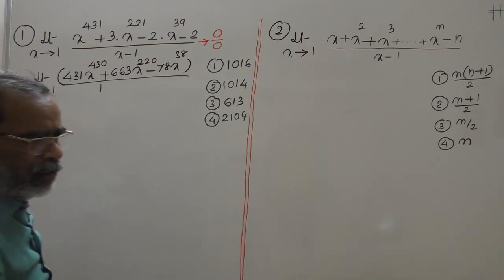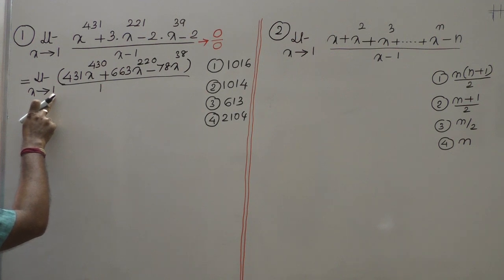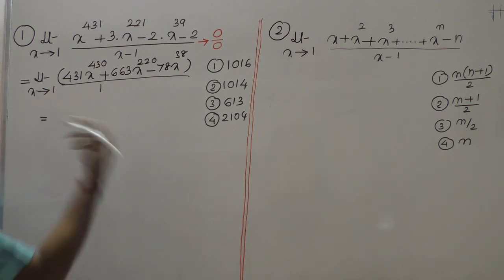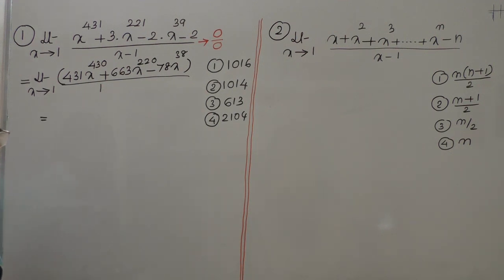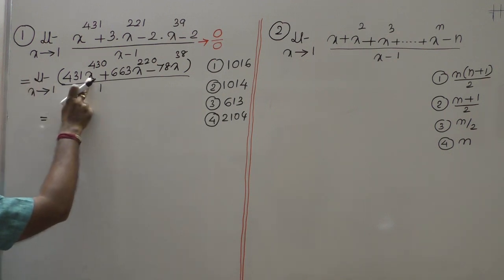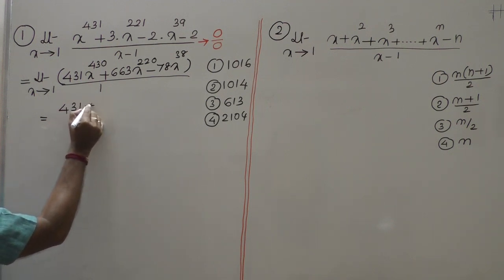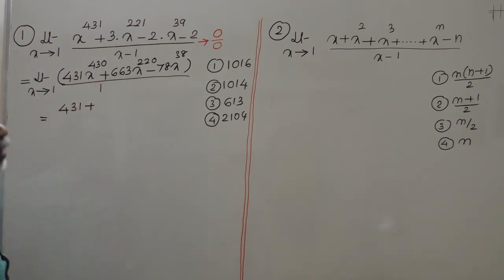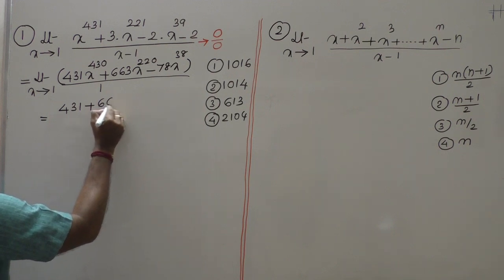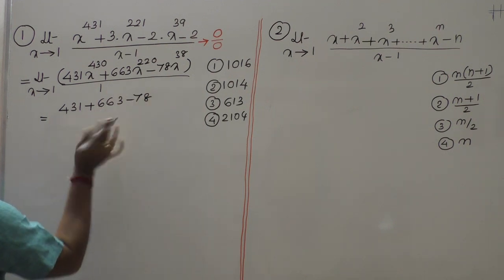Now we will write the limit. Put x equal to 1. When you are applying the limit, you should not write the limit symbol again. If you put x equal to 1, 431 into 1 power 431 is just 431. So this will be 663 minus 78 divided by 1.